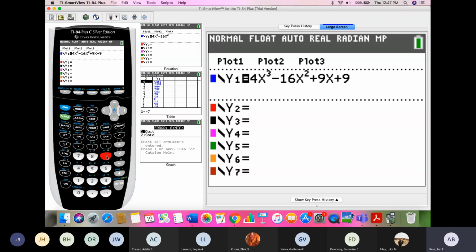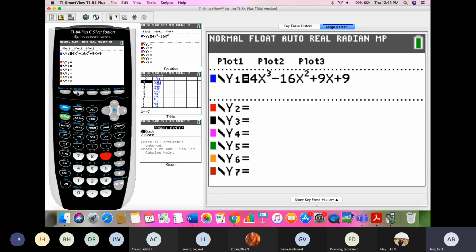So let's go on. What we are looking for are the zeros. So the next place I want to go is the table set. I want to make sure all of your tables are set correctly, because if your calculator has gone through a few people, they may not be.